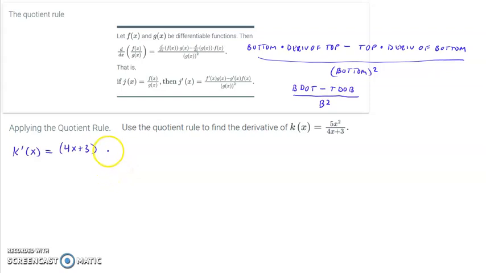Then we need the derivative of the top. The derivative of 5x squared, using the power rule, is 2 times 5, which is 10, times x to the first power.